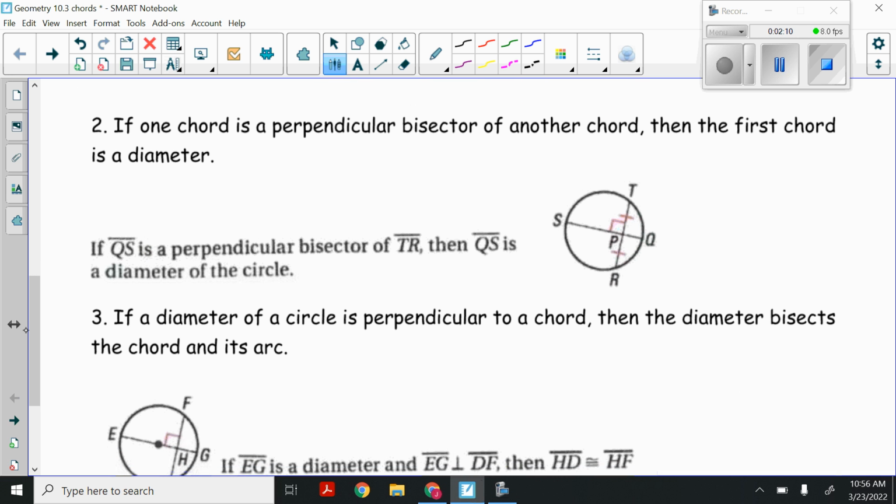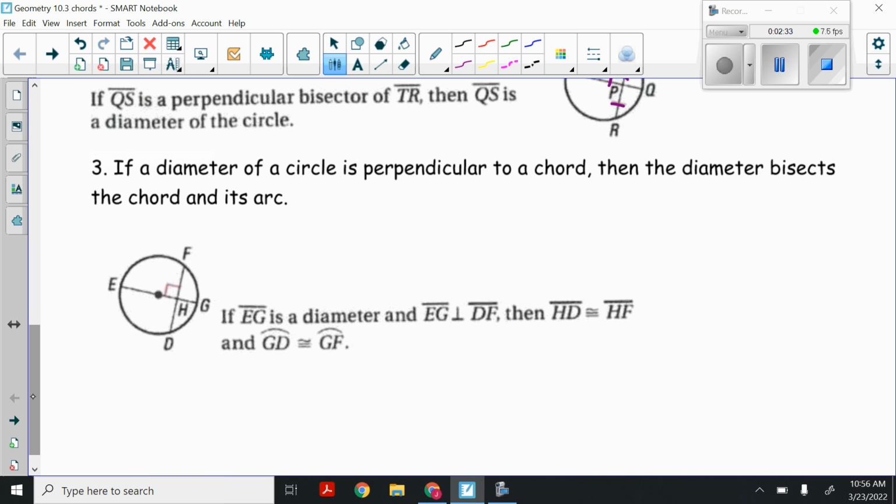All right, the next theorem. If one chord is a perpendicular bisector of another chord, then the first chord is a diameter. So in this picture, we see if QS is a perpendicular bisector, remember perpendicular means 90 degrees and bisect means cuts in half. So QS cuts TR in half, then QS is the diameter of that circle. Theorem number 3, if a diameter of a circle is perpendicular to a chord, then the diameter bisects the chord and its arc.